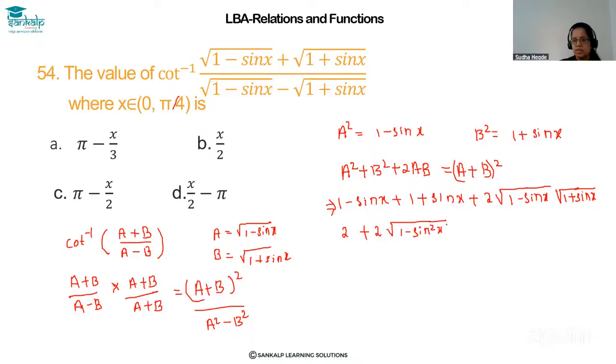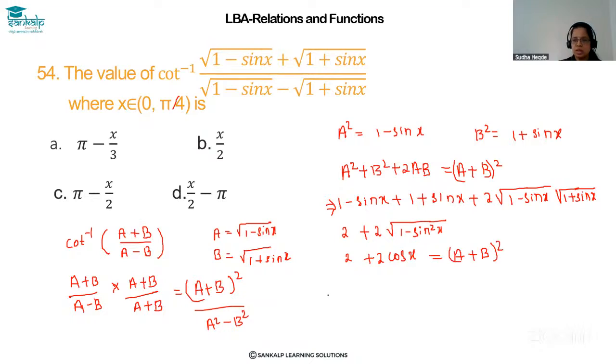What is 1 minus sin square x? It is 2 plus 2 cos x. This 1 minus sin square x is cos square x, 2 plus 2 cos x. This is A plus B square.